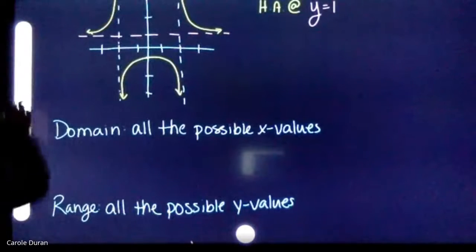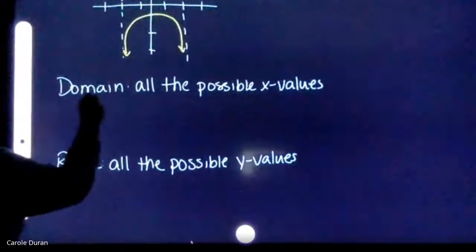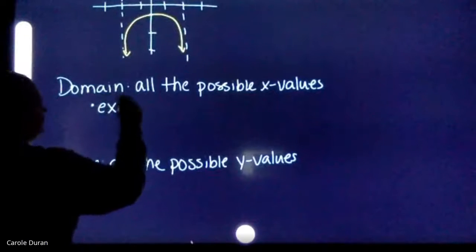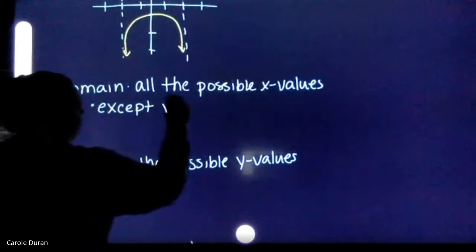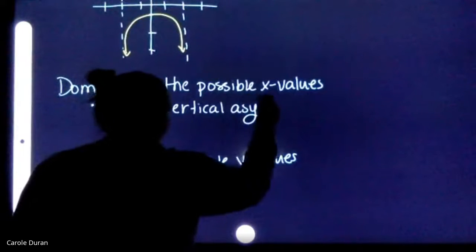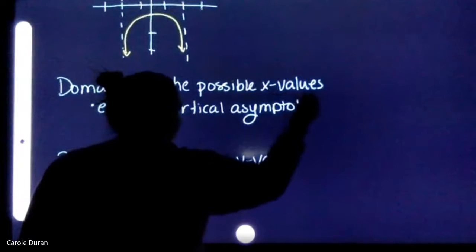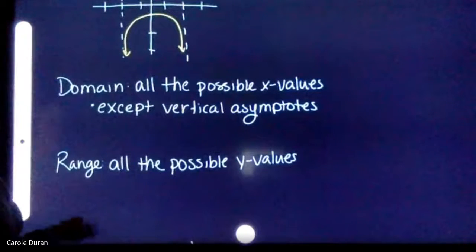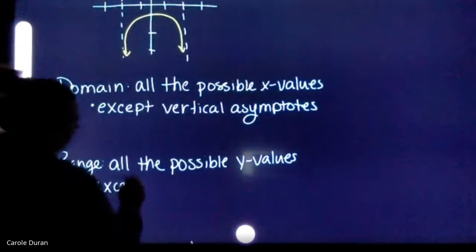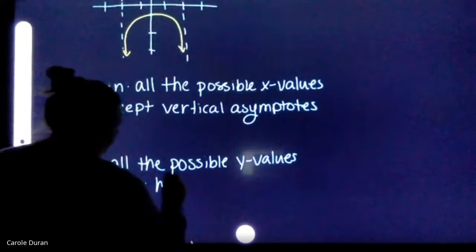So these are called the exceptions to our domain and our range. So our domain is all possible x values except vertical asymptotes. And our range is all possible y values except our horizontal asymptotes.